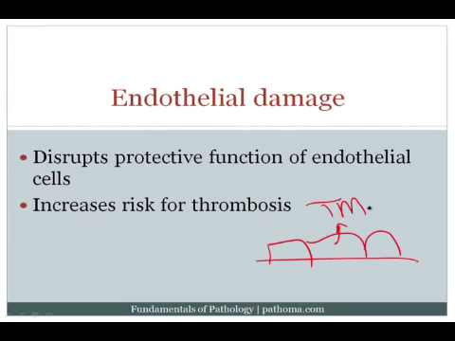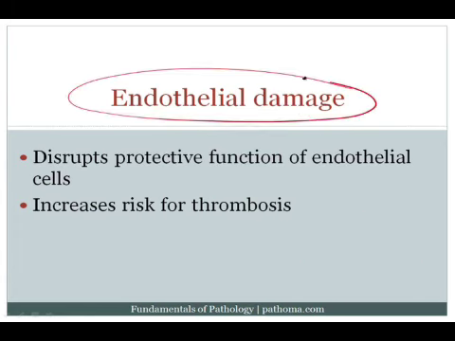So this is important as well, and that is that the endothelium produces thrombomodulin, which is then going to redirect the function of thrombin. Anyway, all of these are protective effects of the endothelial cell, and if the endothelial cell is damaged, as I'm trying to highlight here, there's going to be an increased risk for thrombosis. So that's the second risk factor.